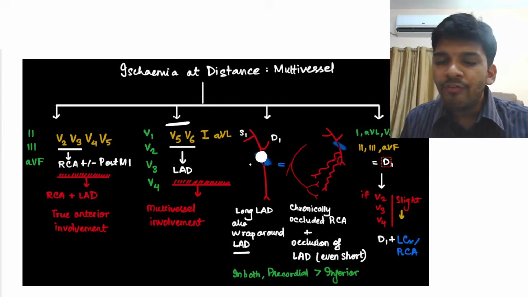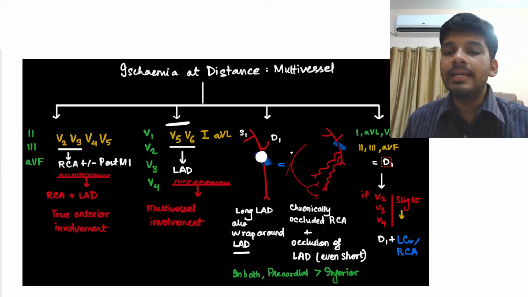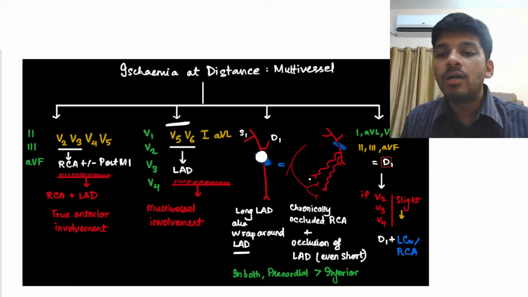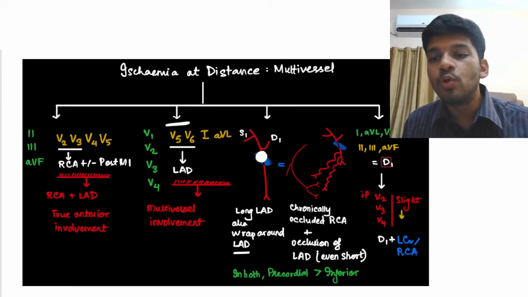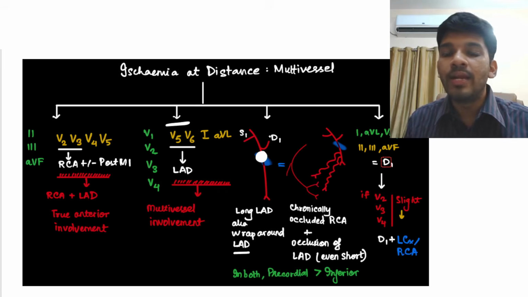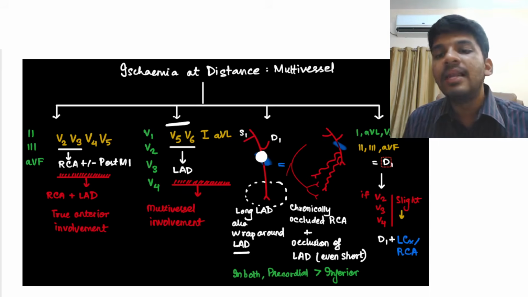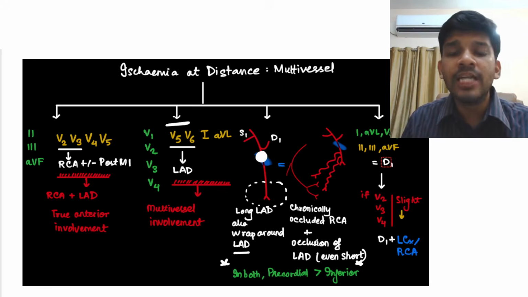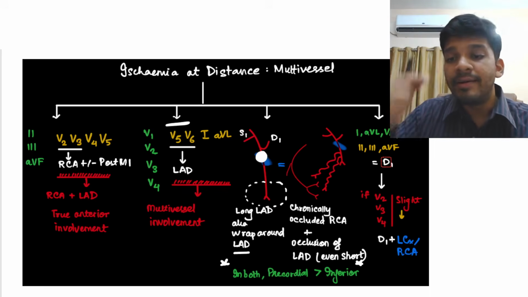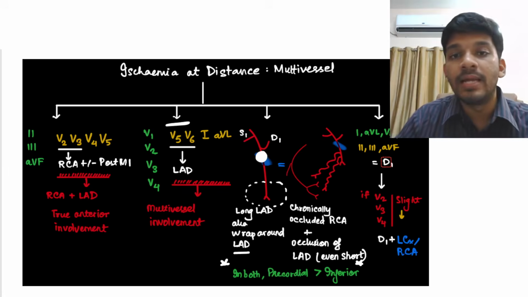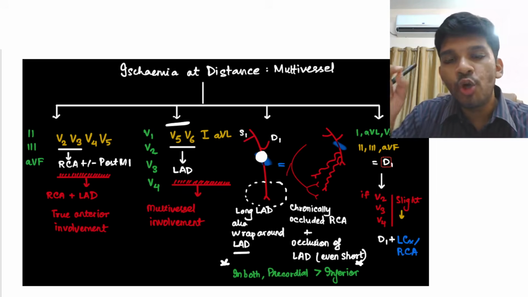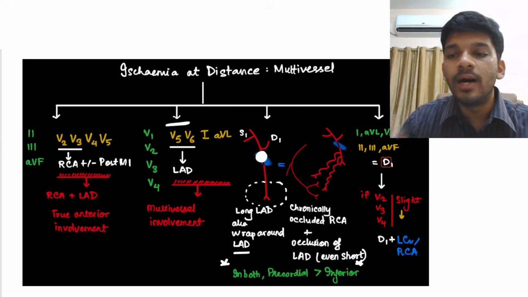So an infarct of a long or wraparound LAD will resemble a chronically occluded RCA plus an occlusion of an LAD. So here also you will get elevations because a large part of the inferior part of the apex is supplied by the left anterior descending. With a distal LAD you will get elevations in both precordial and inferior leads. So an extensive distal LAD occlusion can be due to a wraparound LAD, or it can be due to a short LAD occlusion with a chronically occluded RCA. That will be missed here.